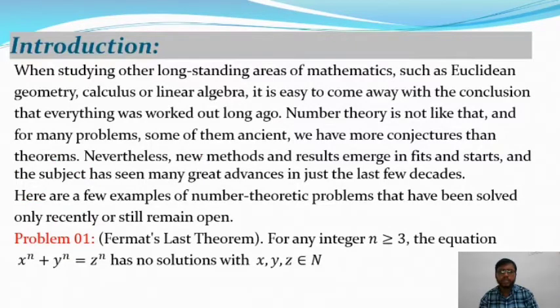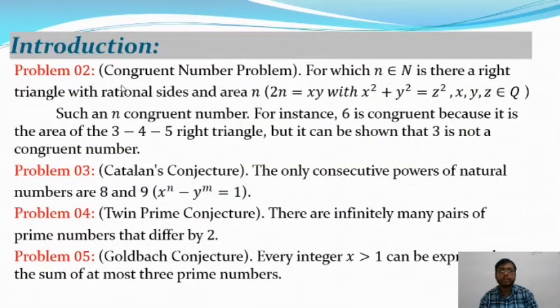Next, we will introduce the second problem, the congruent number problem. For which n belonging to capital N, where capital N is the set of natural numbers, is there a right angle triangle with rational sides and area n, where 2n is equal to x times y, with x square plus y square equal to z square?